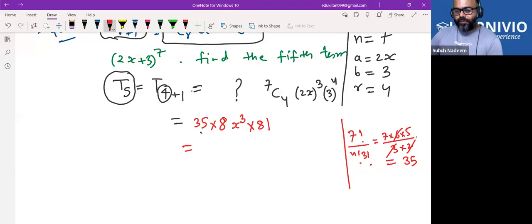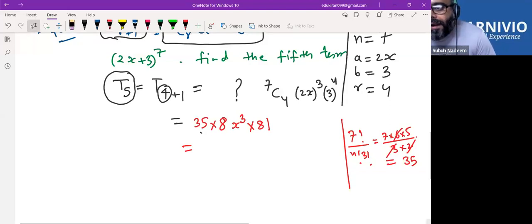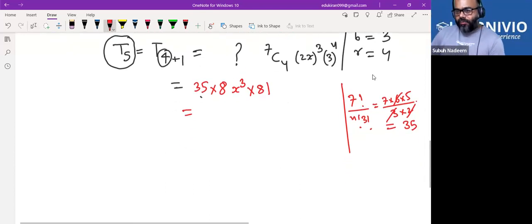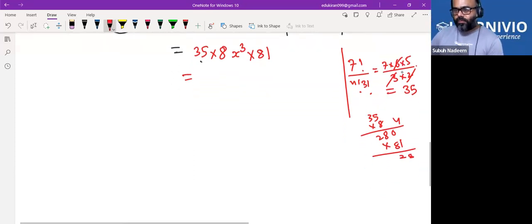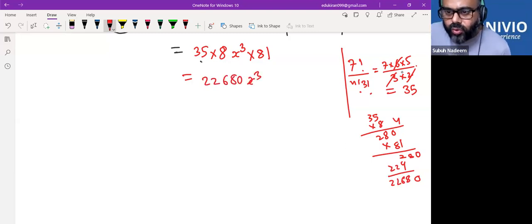So what you get is 35 into 8 into 81. So this is coming out to be 22680 x cube. Isn't it so?